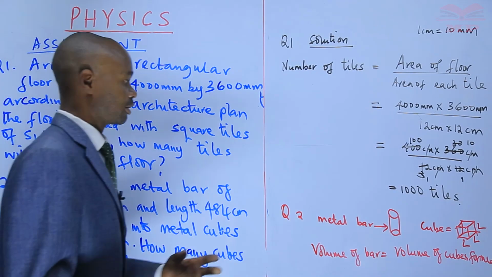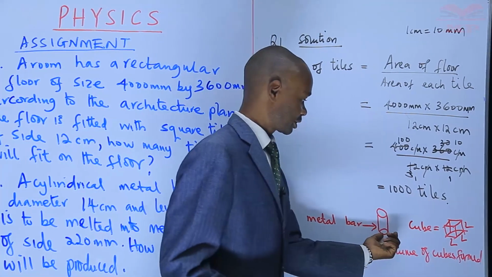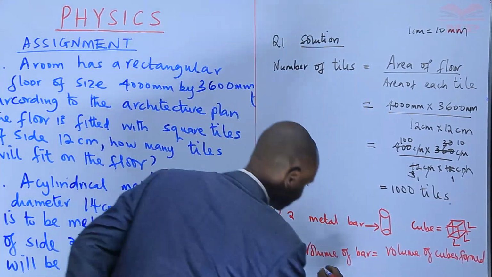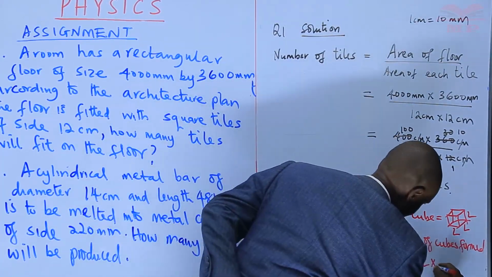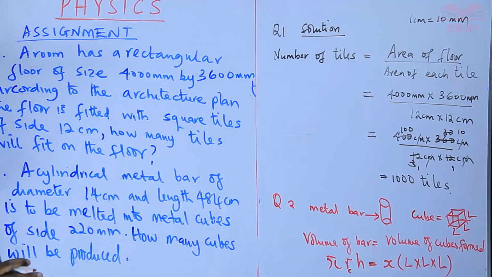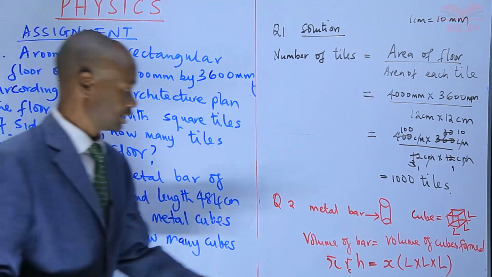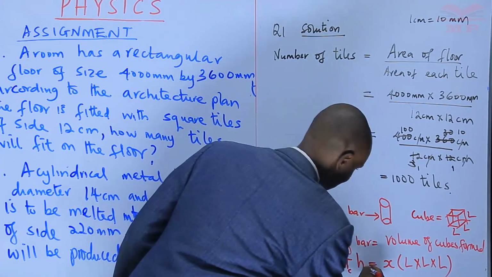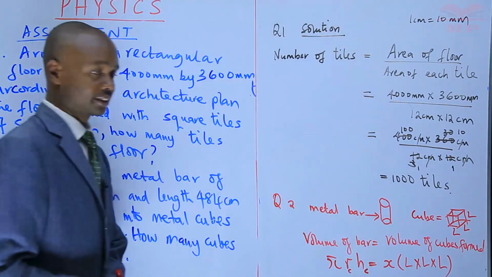The volume of a cylinder is given by pi r squared h, where r is the radius of the cylinder and h is the height of the cylinder.